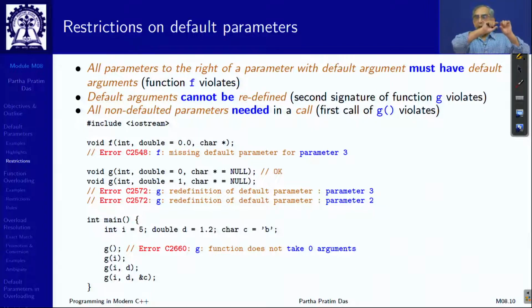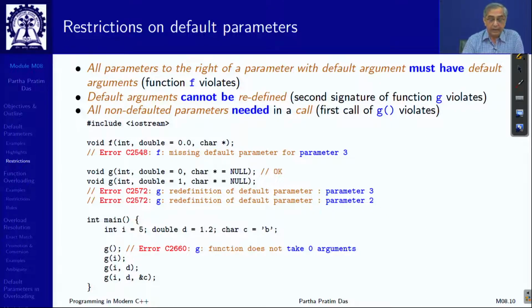The entire sequence of parameters from left to right will be a sequence of non-default parameters followed by a sequence of default parameters. That will always have to be the pattern, because otherwise there is no way to know which parameter is what, because in C++ we always associate parameters by their position, not by their name, right.